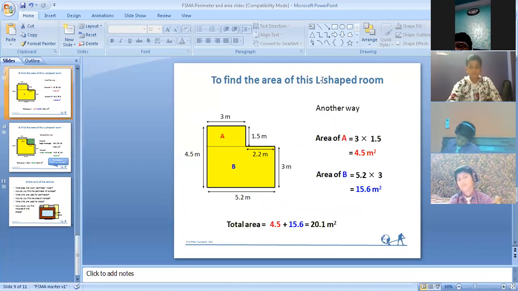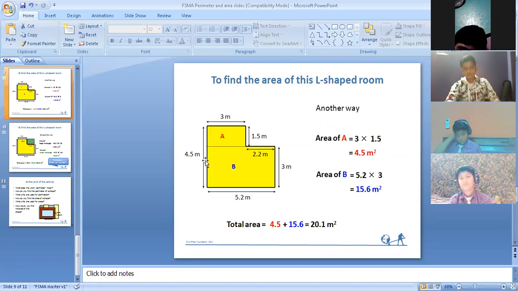Okay. So if it is an L-shaped room, and we have to find out the area, what we are going to do is start dividing the figure into parts. First rectangle, second rectangle, then we'll find the first rectangle's area, second rectangle's area, then we are going to add them and we'll get the total area.